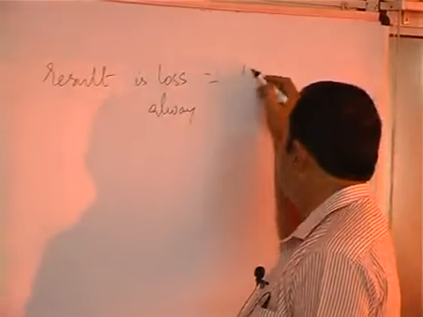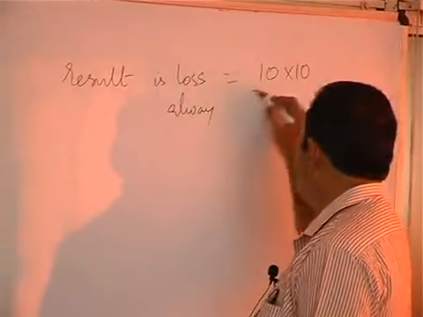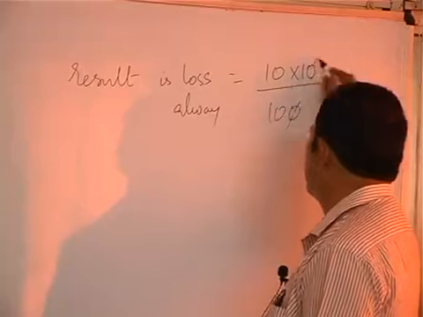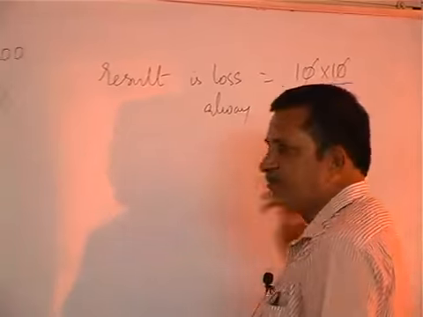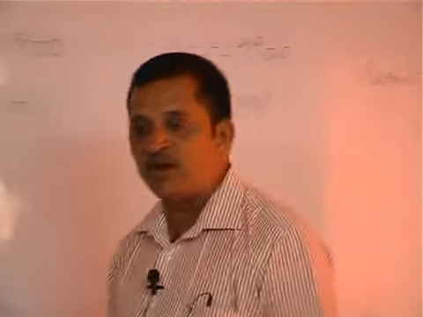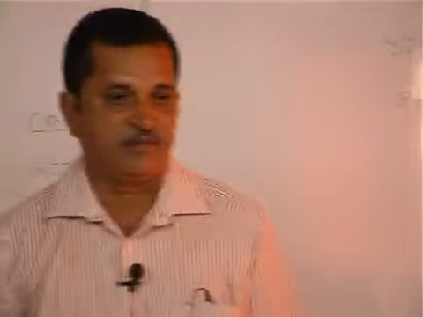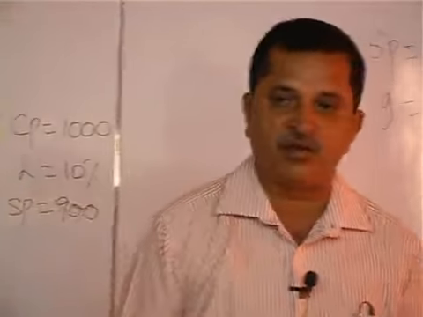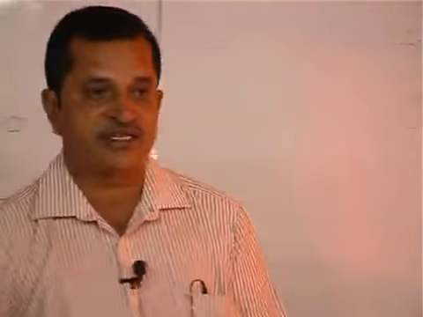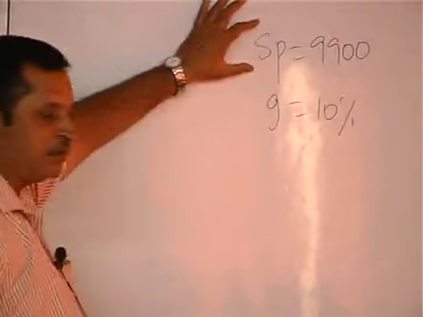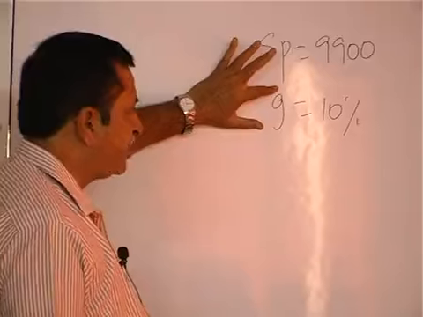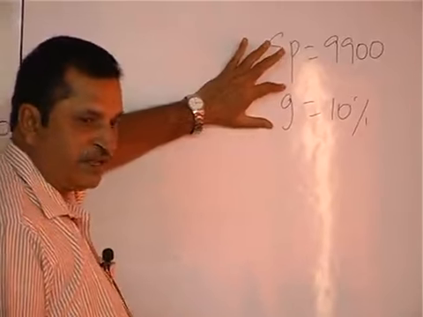That is 10 into 10 by 100, that is, x square by 100, which is 1% loss. This is a regular model for competitive exams. There is no need to solve the total problem, but it is conditional. Selling prices must be equal, and gain and loss percents must also be equal.